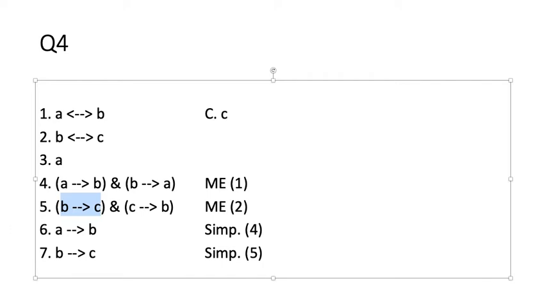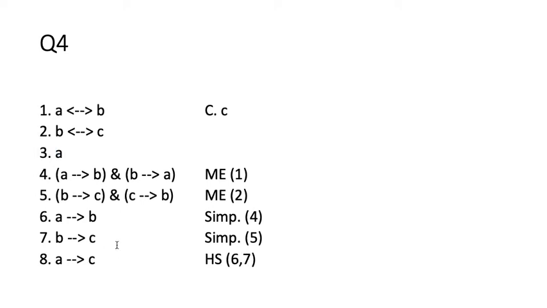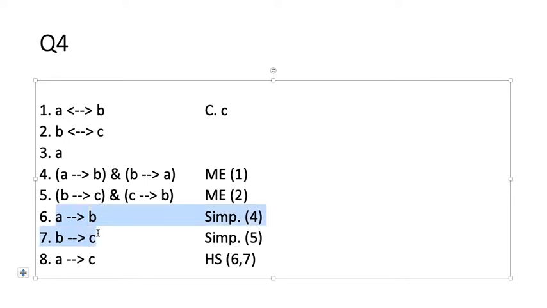Why did I simplify 4 and 5 to get those conditionals? Well, because of what I saw I have on line 3. So now I'm in a position to say, okay, given I have these conditionals on their own here, if A then B, if B then C, I can perform hypothetical syllogism, HS, on 6 and 7 to get this conditional, if A then C. Again, because we've got B here as the consequent, and B also shows up as the antecedent of this conditional, so I'm in a position to do a hypothetical syllogism.